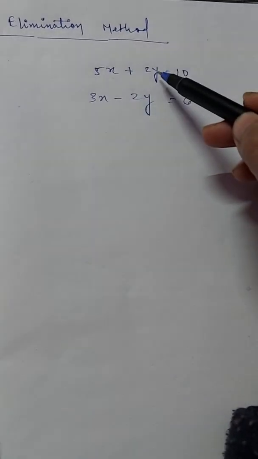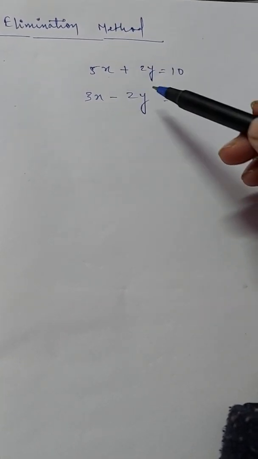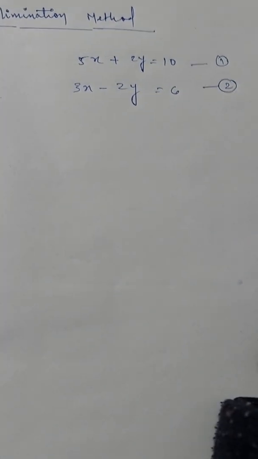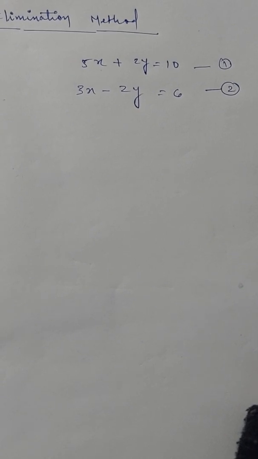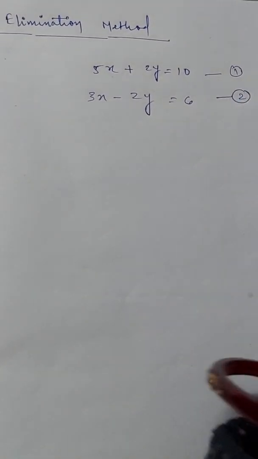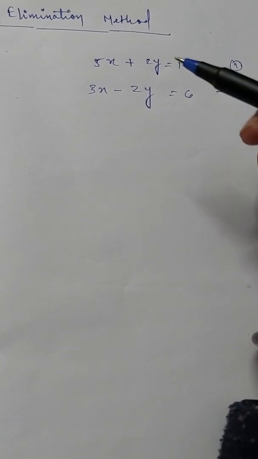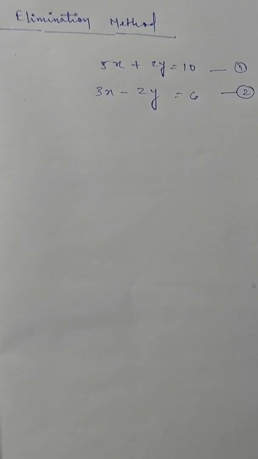First is x, second is y. So we have to find out the value of x and y by using these two equations. So how can we find out the values of x and y? This is just a simple method that is known as the elimination method. In the elimination method, we have to eliminate any one variable and find out the second one.